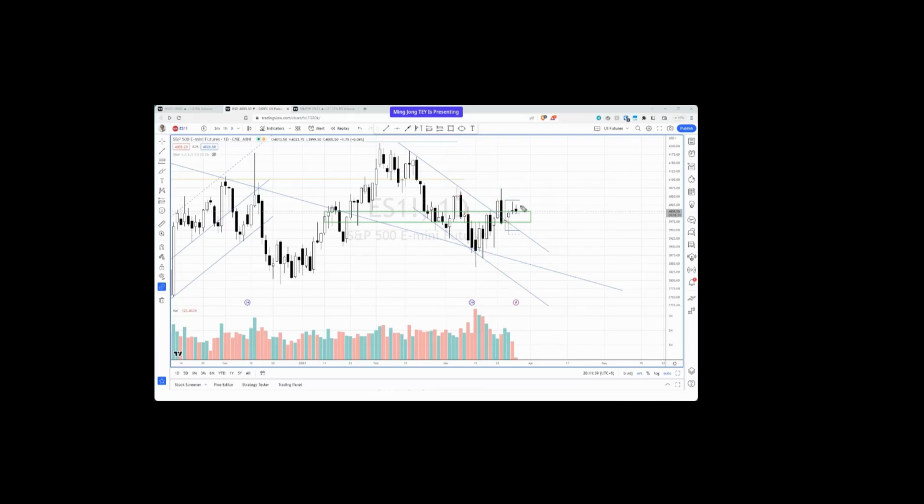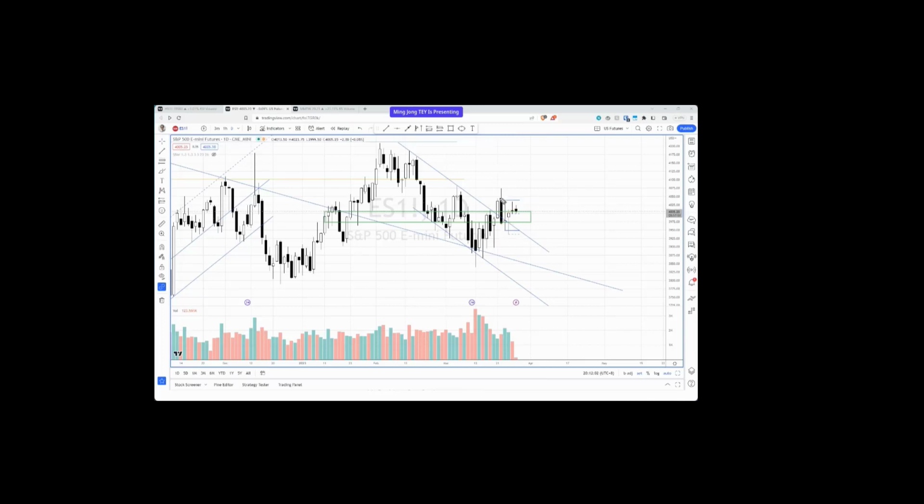Or you can also say that so far it is probably still contained within this FOMC bar. We got a tail here, another tail, close above, close above, close within, close within. So it's still within this bar.